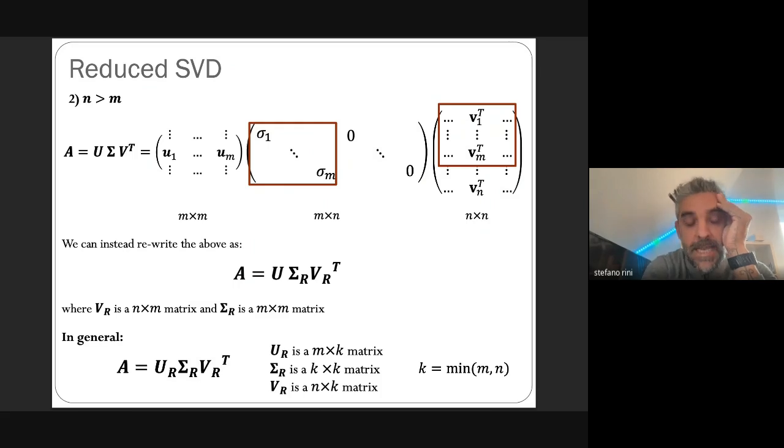So what happens if n is greater than m? Then this matrix here becomes a tall matrix. So the U matrix remains m times m, and the right matrix retains an n times n size. Now the matrix sigma, right?